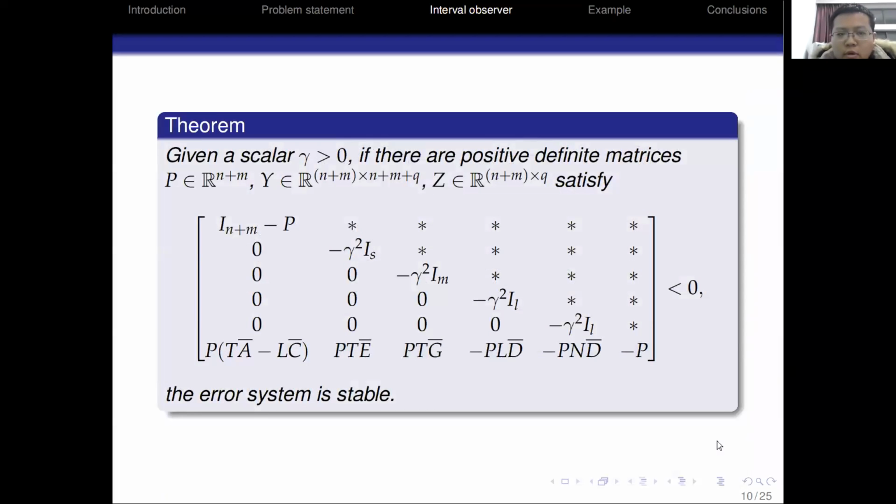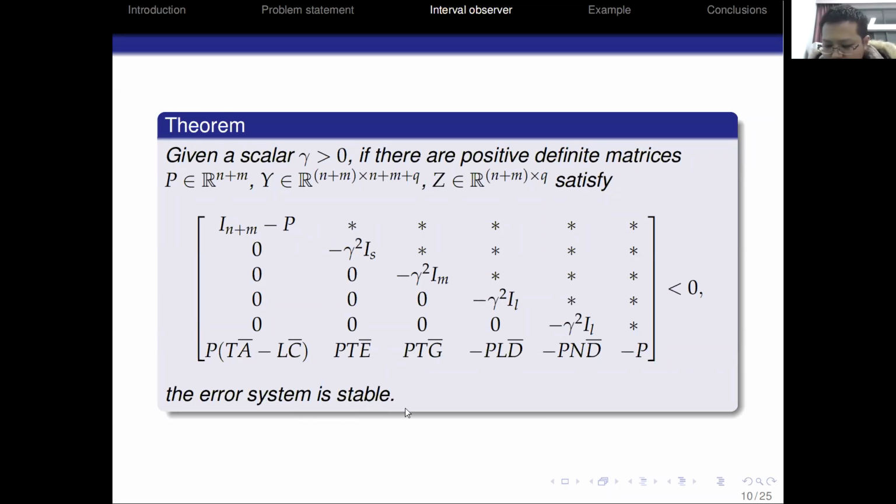Now, similar to the previous work by Zhenghua, there is a theorem in this talk. If we are given a scalar, and if there are positive definite matrices that satisfy this equation, then the error system is stable.